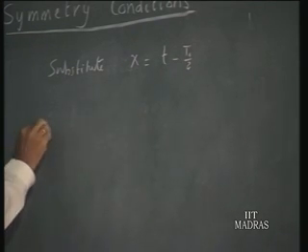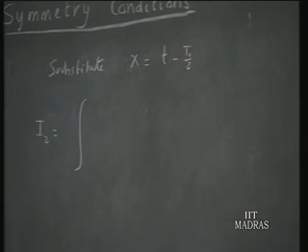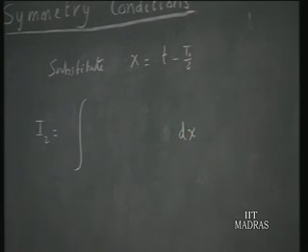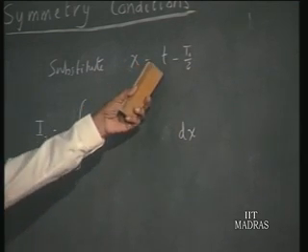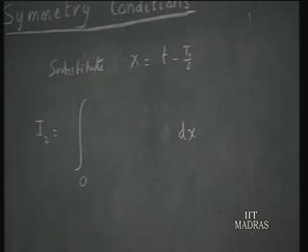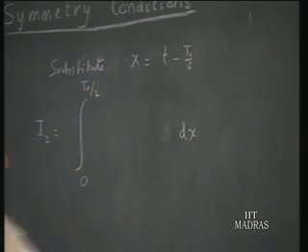Then I2 will be, I am going to substitute x for t, dt equals dx, therefore the variable of integration is x, so I have dx. Then when small t equals t naught upon 2, x will be 0. When small t equals capital T naught, then x will be t naught by 2. So you can see now that the integral limits correspond to this straight away.